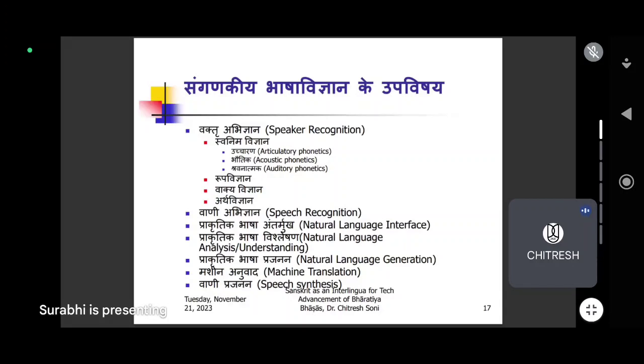And then after the psycholinguistic processes, roop vigyan, morphology, syntax, and semantics, then speech recognition, natural language understanding and NLG, natural language generation, machine translation, and speech synthesis. All these things are relevant, and will be utilized while making an intelligent system. So moving to the next slide.